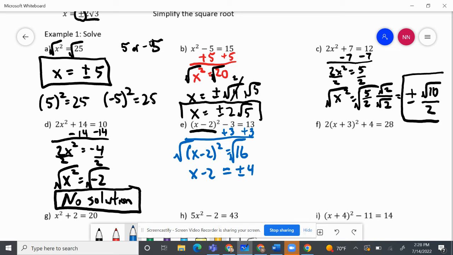So that's plus or minus 4. Then what we do is we add the 2. This is a little tricky because for our answer, we take the positive 4. 4 plus 2 gives us a 6. And then we take the negative 4. Negative 4 plus 2 is negative 2.